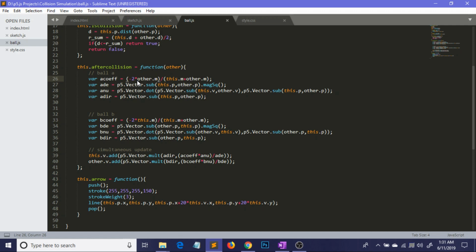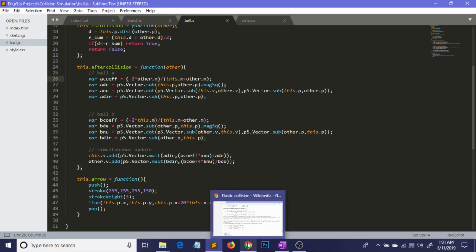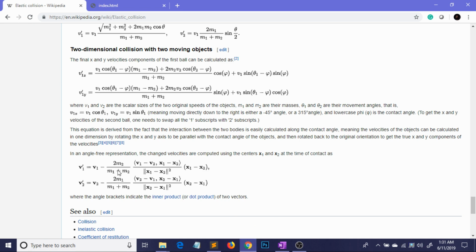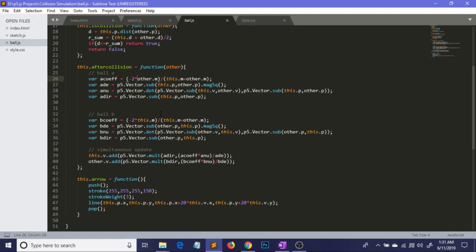And the a coef is this term. By looking at my code and comparing it to the Wikipedia page, you can easily understand this. And after that, you have to do the same for ball B also.